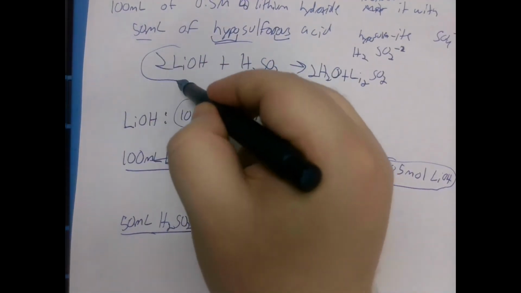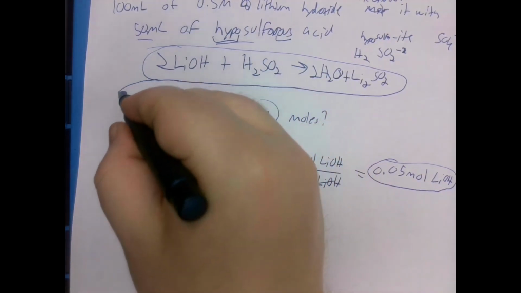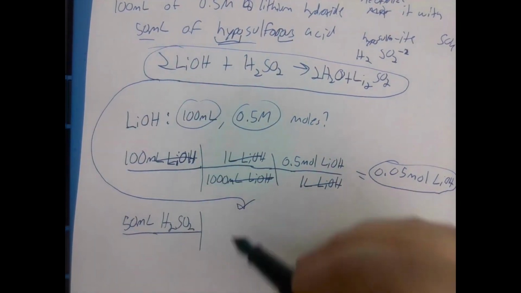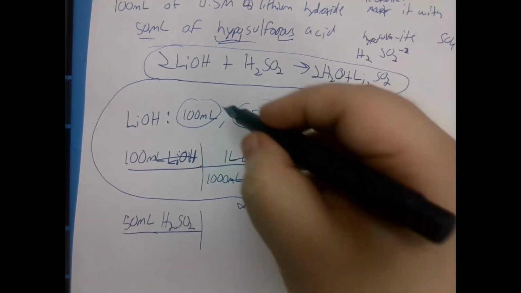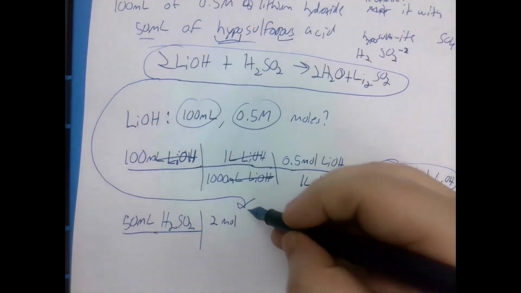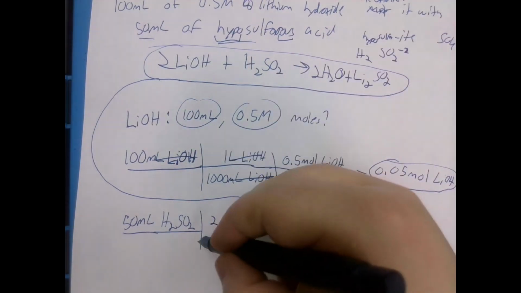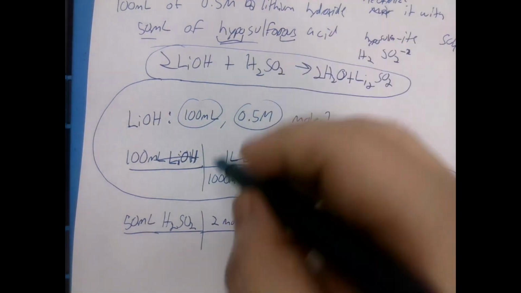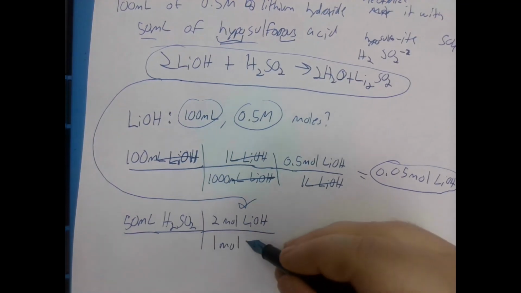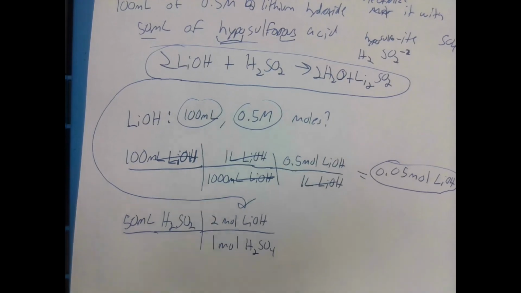Well, I know I have 50 milliliters of it. This equation gives me a conversion ratio right here. It is 2 moles of lithium hydroxide, or 2 molecules. We can increase that number for every 1 mole of H2SO2.